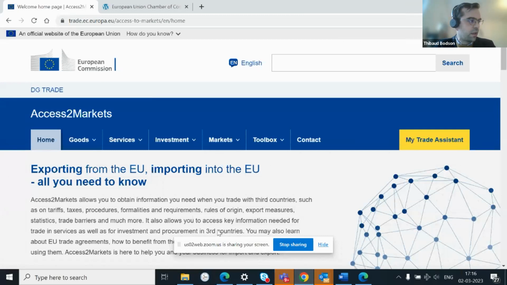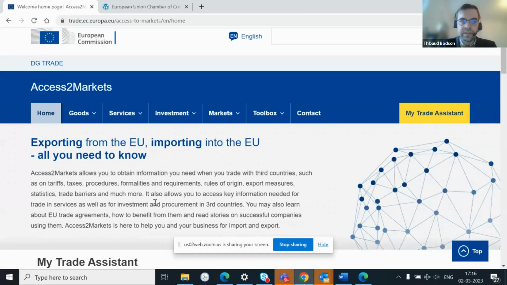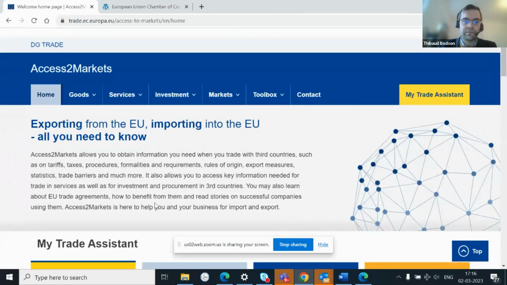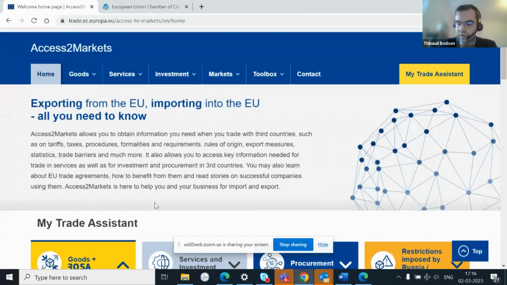And then the second thing will be a brief demo. So I'll show you how to use it and how we can have results when it comes to specific information that service suppliers may want to have when they export their service to third countries.